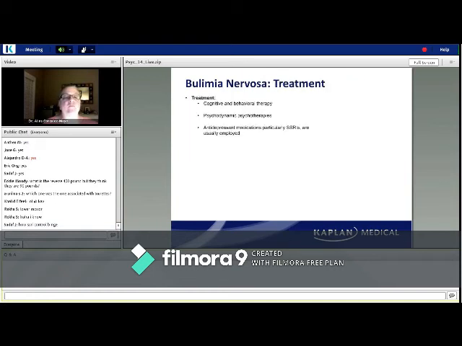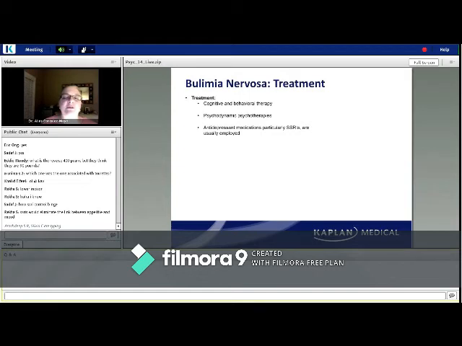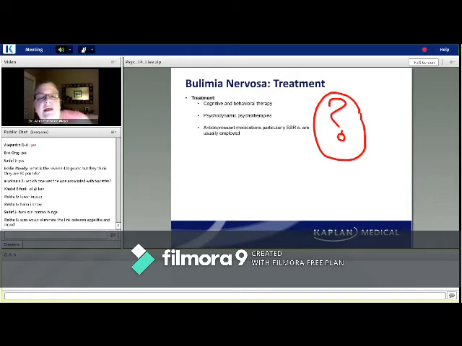All right. And the treatment, remember, is just an SSRI. They think that it's linked to low levels of serotonin. Remember, that is a big old theory. So they think that that is why they are using them.